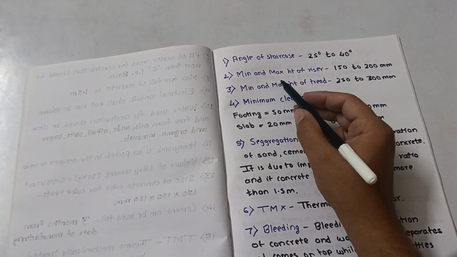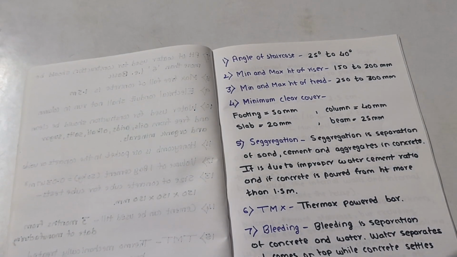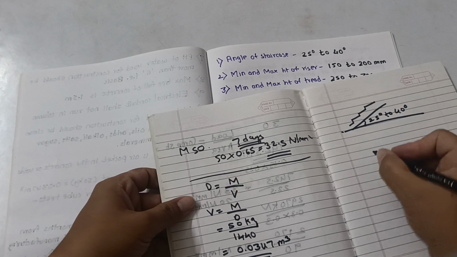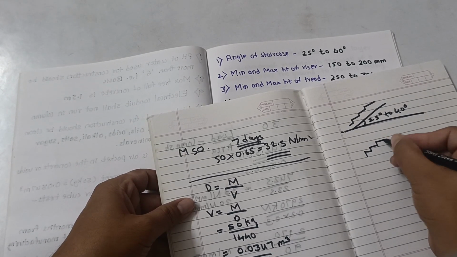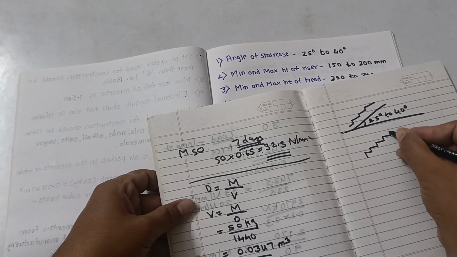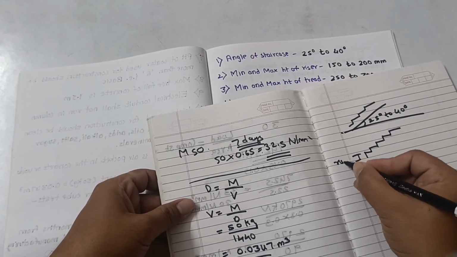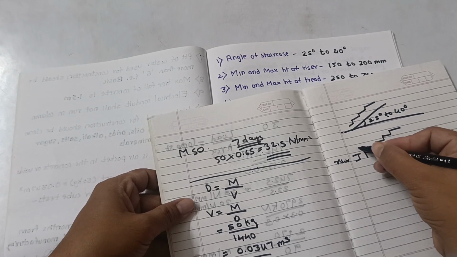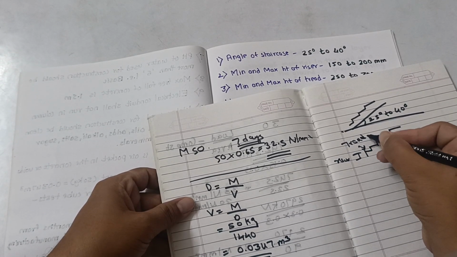Second is minimum and maximum height of riser, which is 150 to 200 mm. Here in staircase, this is riser and this is tread.